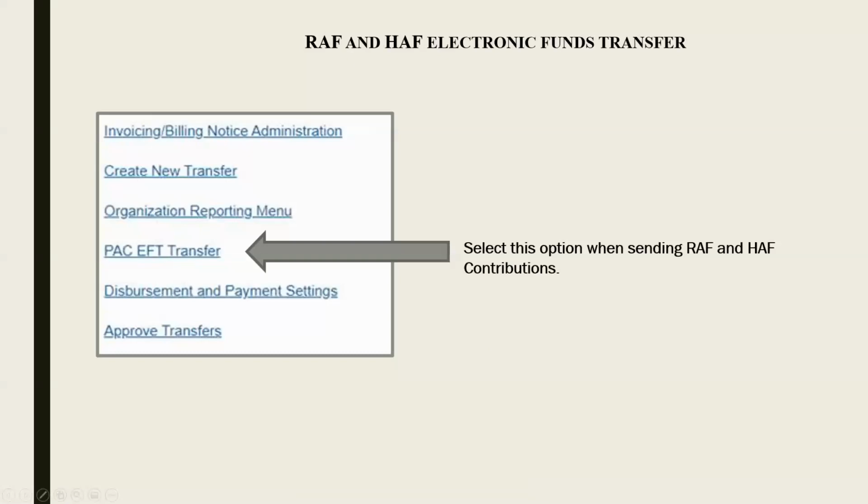So when sending RAF and HAF payments, you want to make sure that you select the option PAC EFT transfer. So before, when we were sending dues, we selected the option that said create new transfer. But when you're sending PAC with RAF and HAF, you're going to always select PAC EFT.